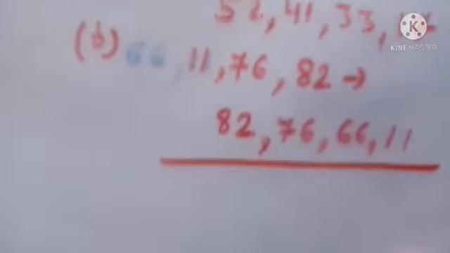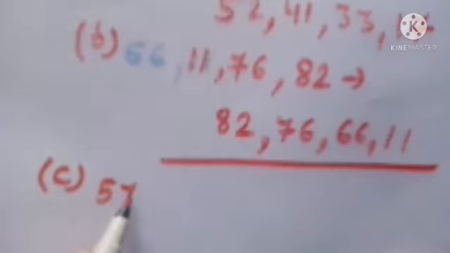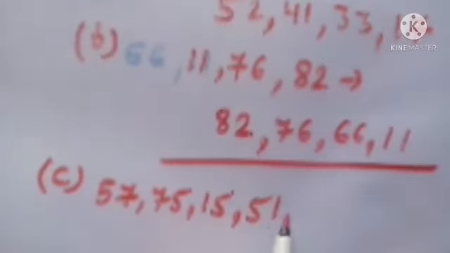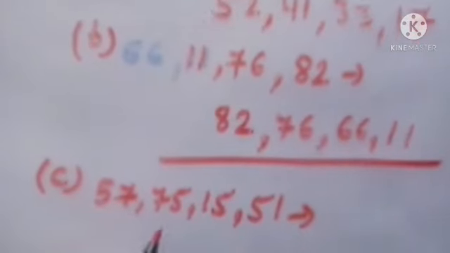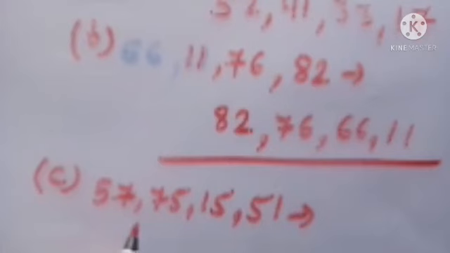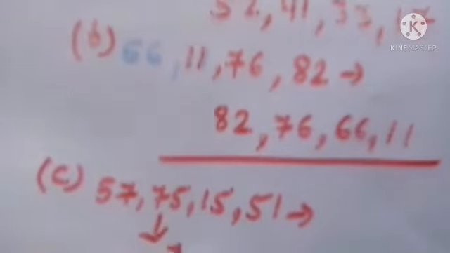Let's do question number C also. Like this. If there are 57, 75, 15 and 51. If we arrange these numbers in descending order, first we have to write the largest number. Which is the largest number in this series? 71.